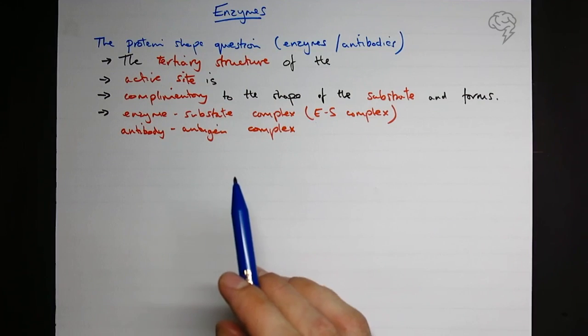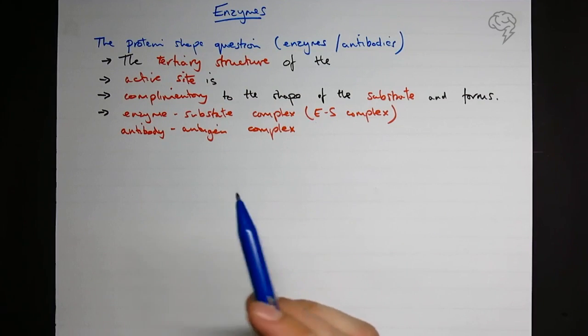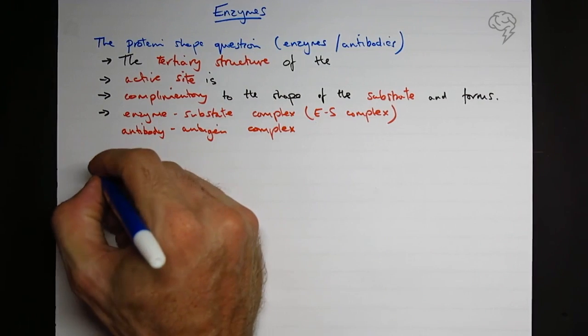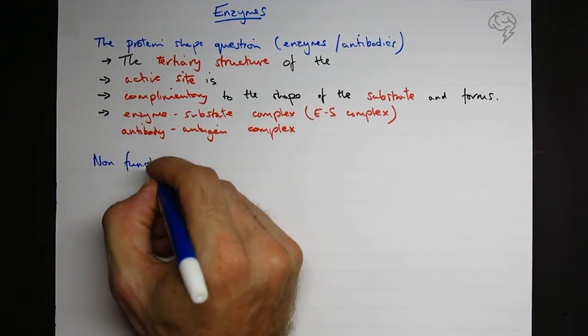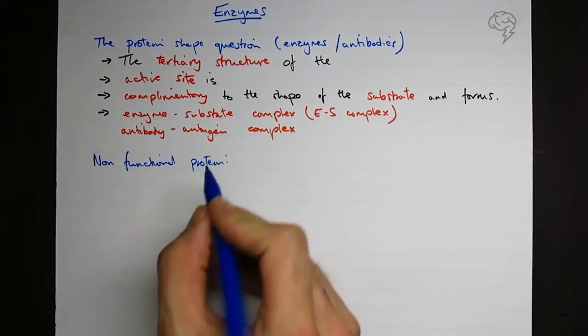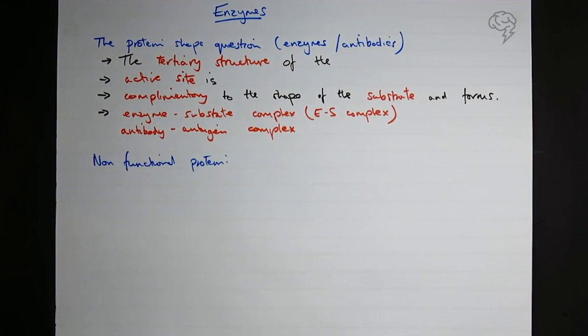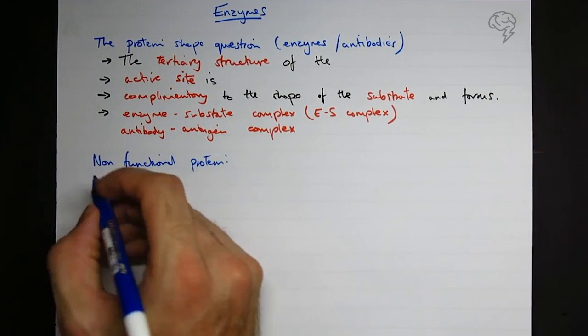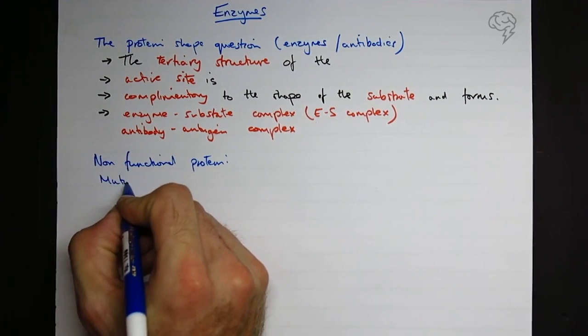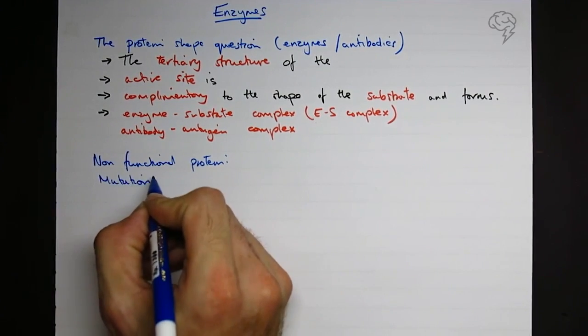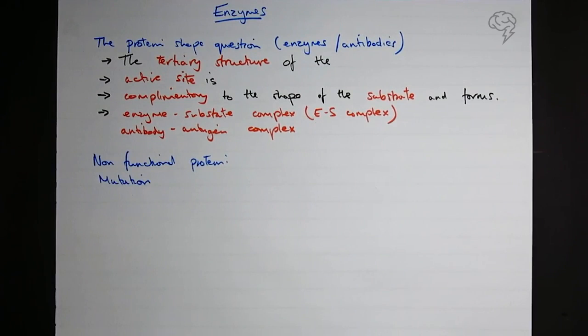What about when you get a question asking why a protein is no longer functional? So, non-functional protein. Again, this could easily be an antibody. There are two reasons why this might be non-functional. The most common is going to be a mutation.